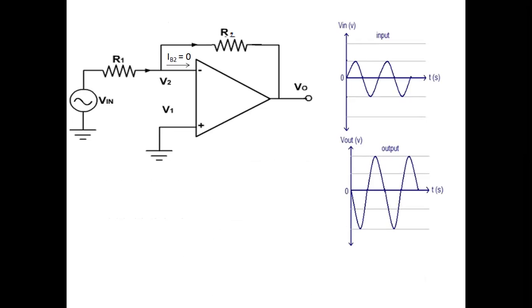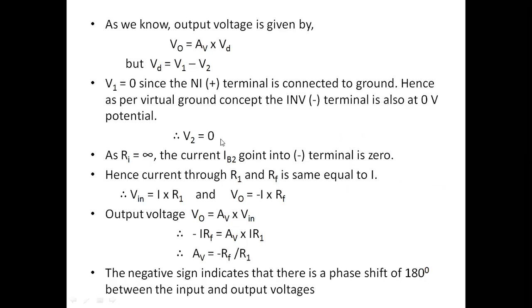So the current will flow directly through the RF resistor. Hence the current through R1 and RF will be the same, equal to I. So input voltage according to Ohm's law is I into R1. Output voltage is I into RF.